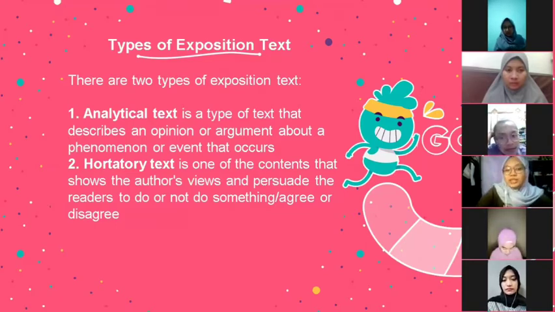Analytical exposition is a type of text that describes an opinion or an argument about a phenomenon or event that occurs. The second is hortatory text. This one is about the contents that shows the author's views and persuade the readers to do or not to do something, or agree and disagree.